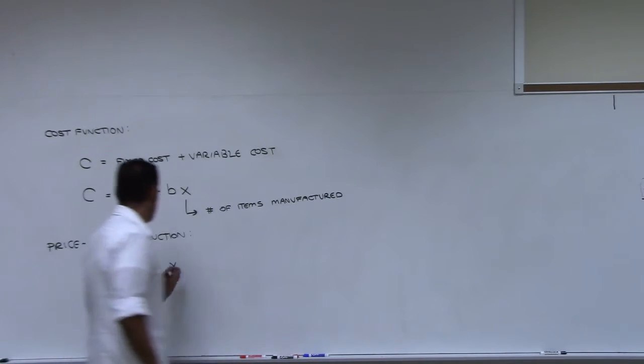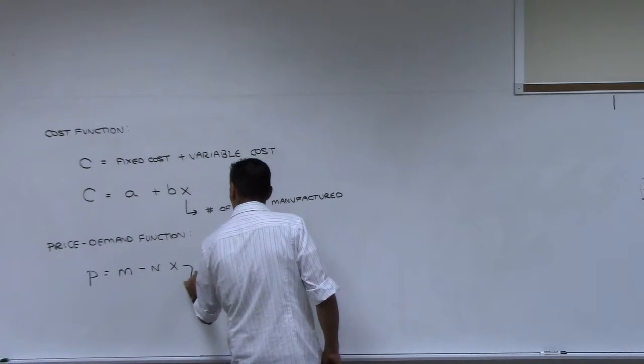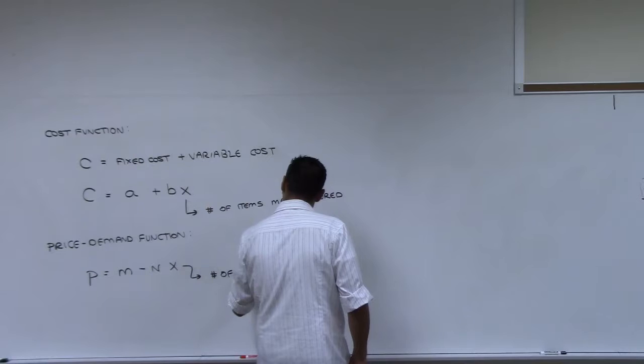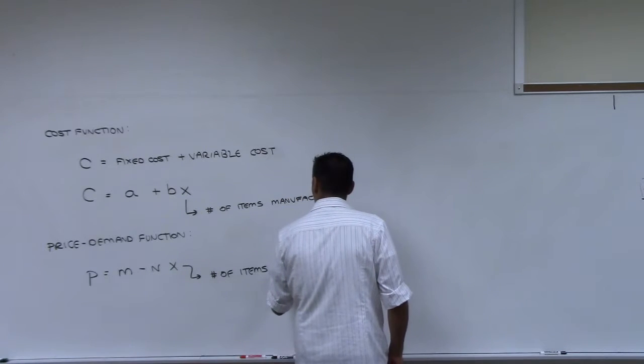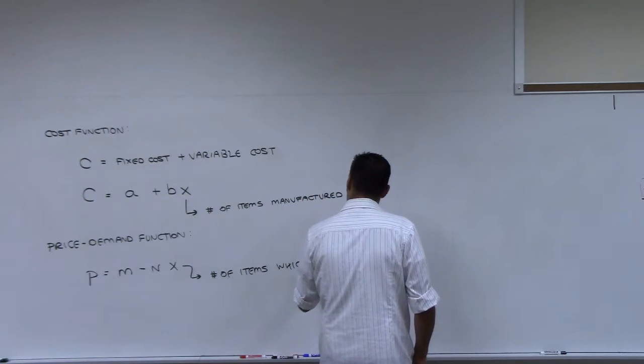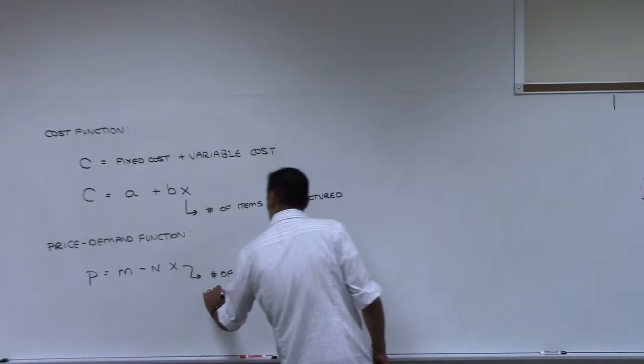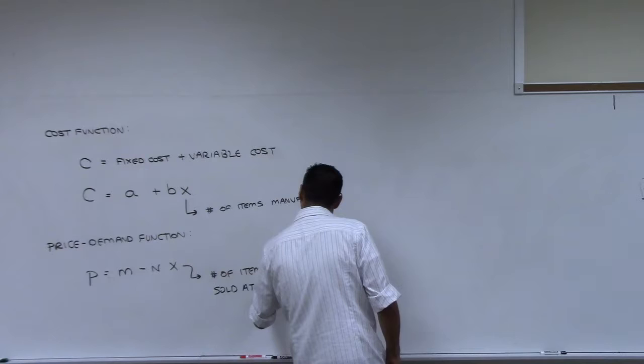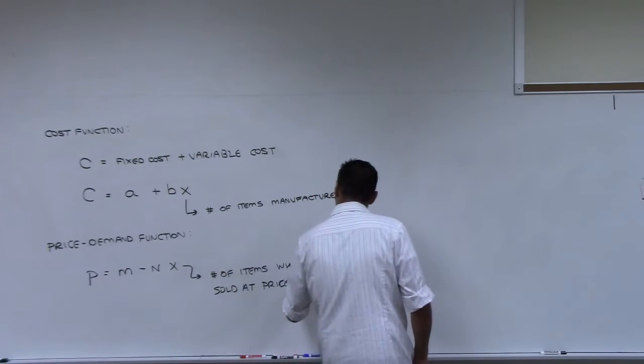And here X is the number of items which can be sold at price P dollars.